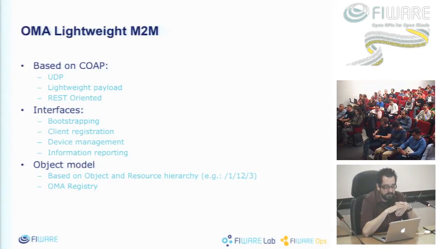You can't write information inside a lightweight machine-to-machine server without previously registering the device. And the client registration interface gives you the information about how that handshake between the client and the server has to be performed.